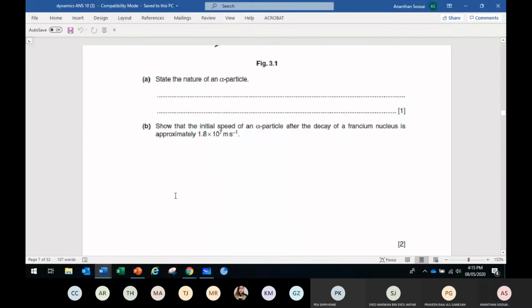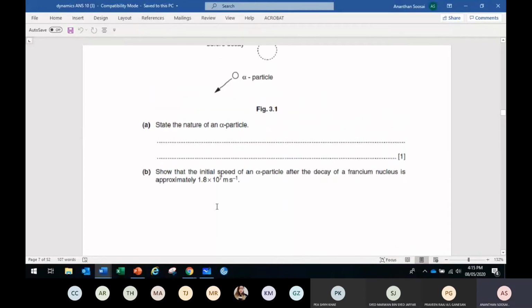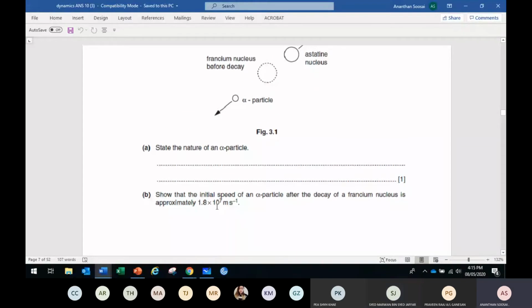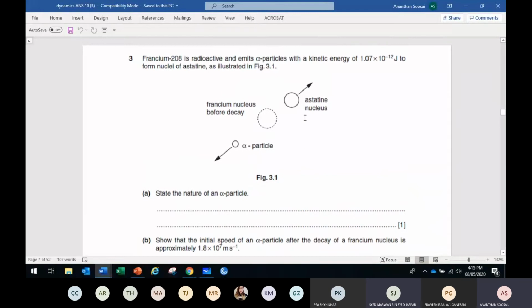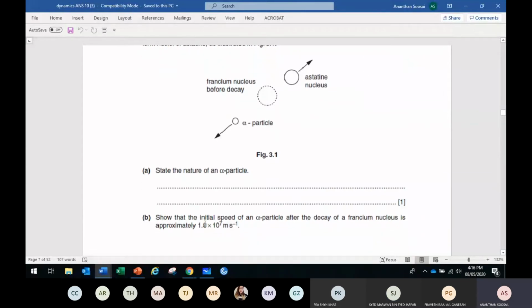The astatine kinetic energy was given. Can anyone get me the answer? The final answer is 1.8 times 10 to the power of 7. How do you work out this answer?